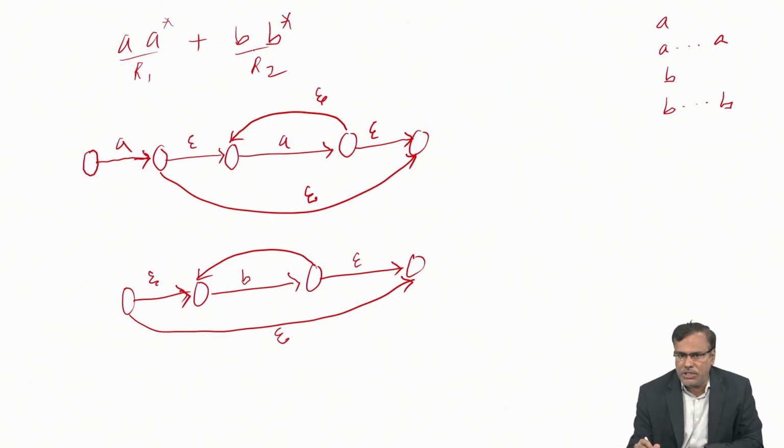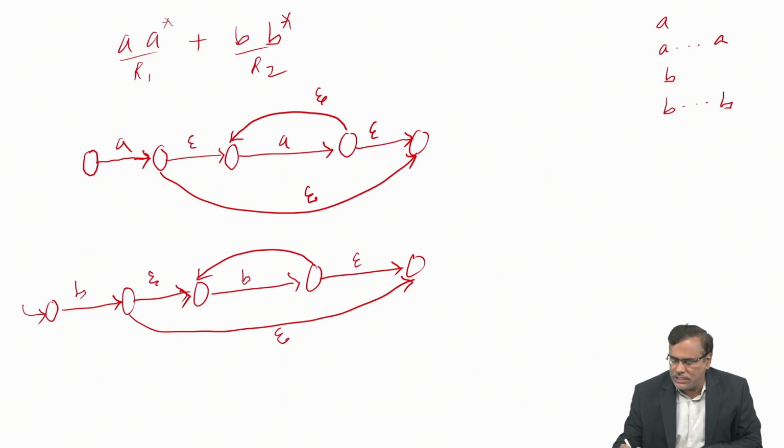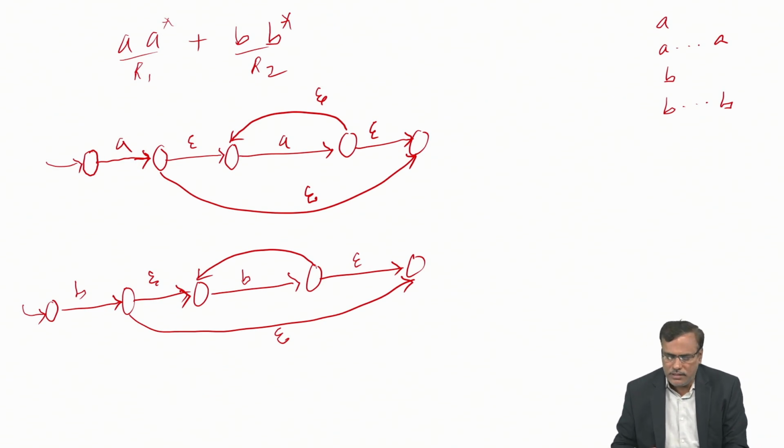And this B is to the left of this B star. So this is how I can make a connection on B. This is the start, and this is your final. Anyhow they are going to change. These two are final states and these are start states for this regular expression.